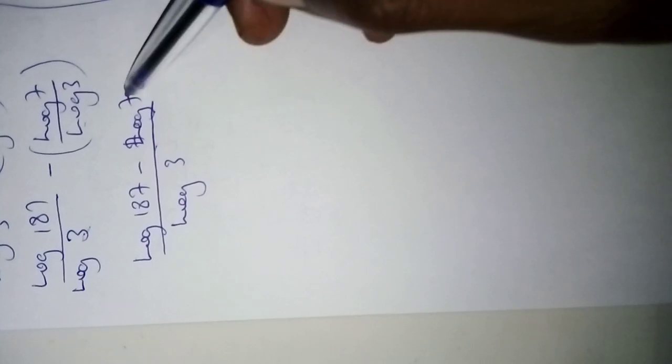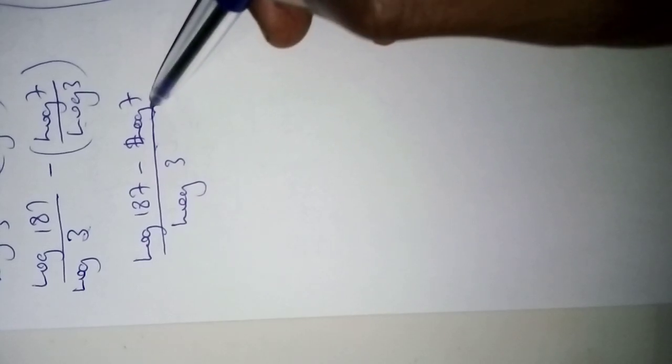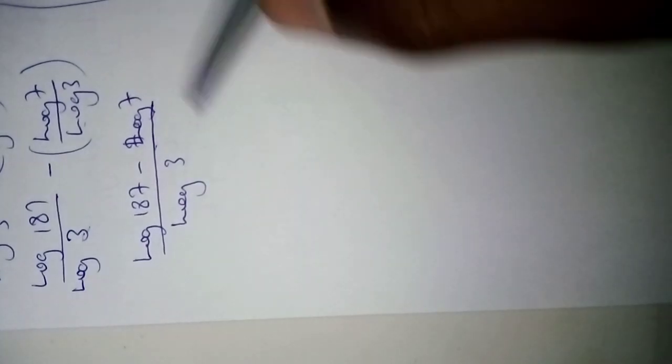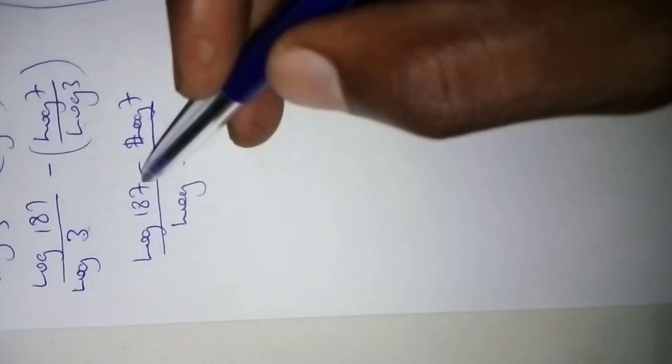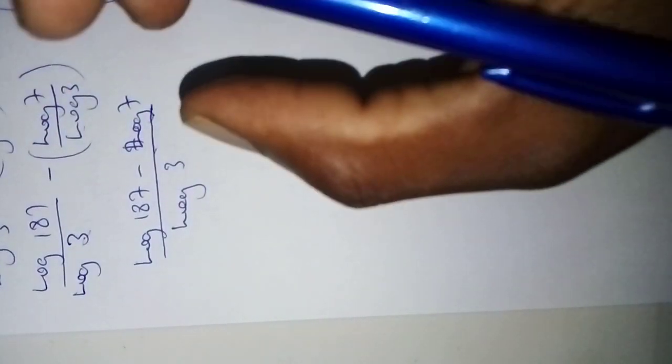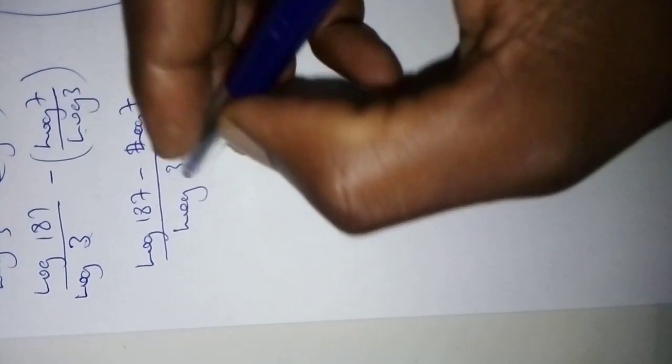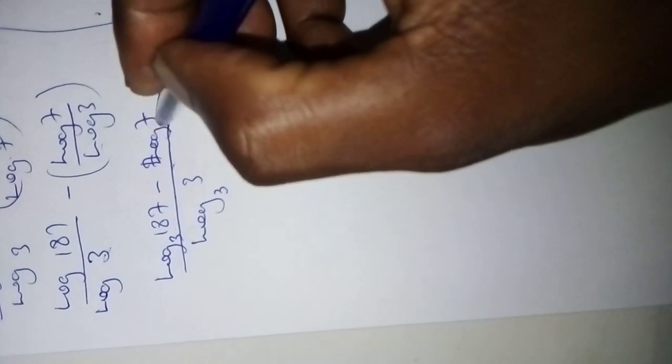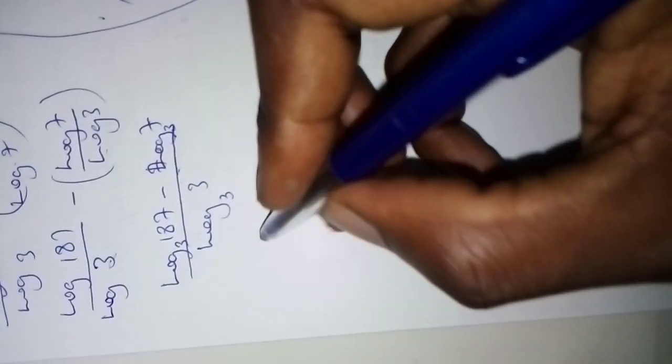So now let's look at 7. If we use 7, right, it may complicate our equation. If we use 187, then we are purely lost. So now the only one that we can use that may make our whole expression true and real is 3. So we can introduce base 3 on all of our log terms, right?